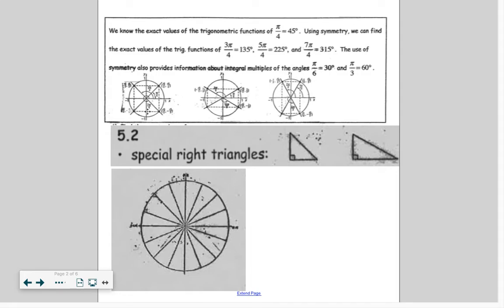They're all here. Basically, we have a bunch of coordinates that are going to be used over and over, and they're all rooted from the two triangles that I said earlier. So on a 45, 45, 90 triangle, we have root 2 over 2 for x and y, and then some form of that.